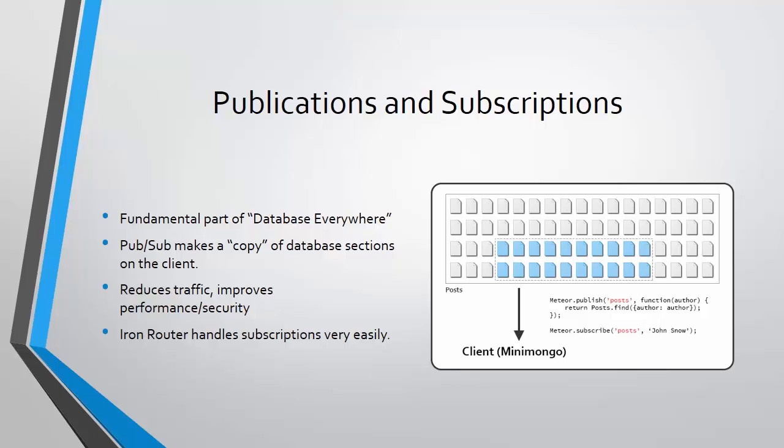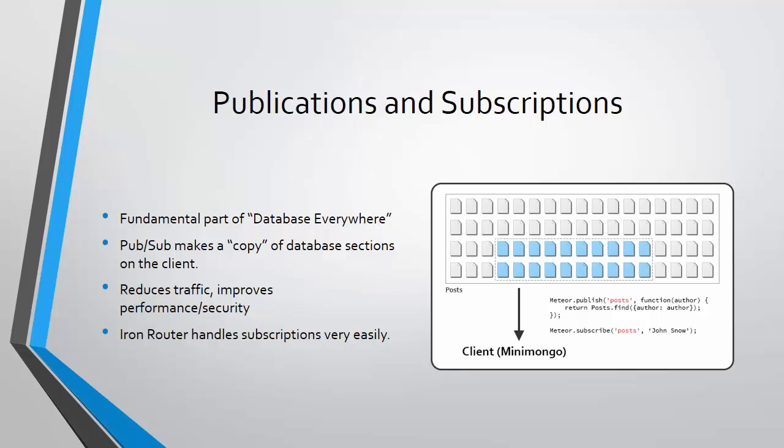Like in the example I've got right here, I have a publication written that takes a look at the post collection, but it offers a parameter called author. So when you go to subscribe to this publication, it's only going to pull the records from the post collection that have the author name that you give it.